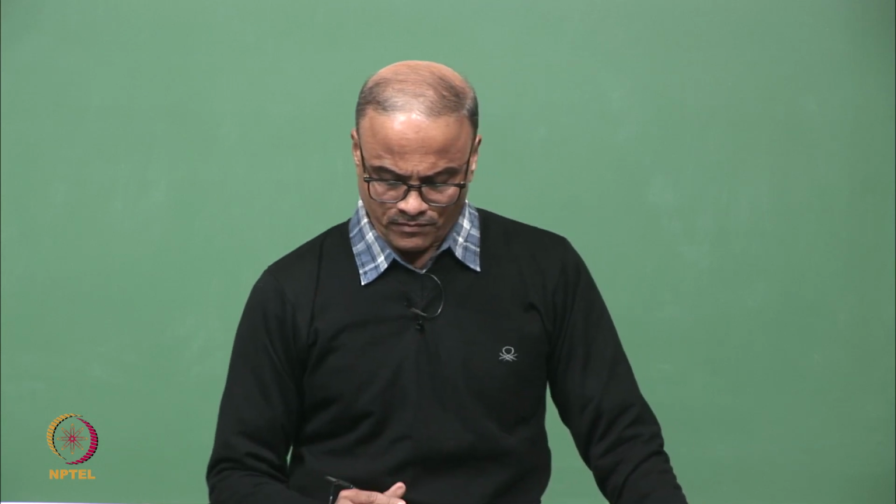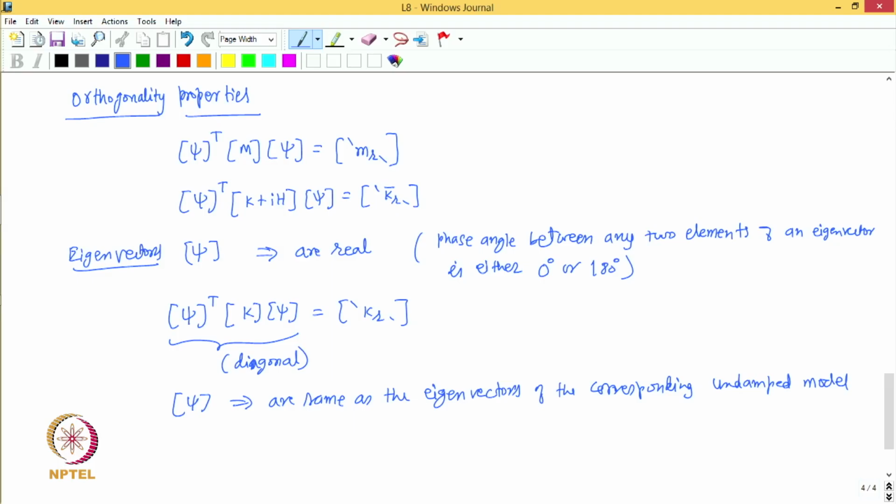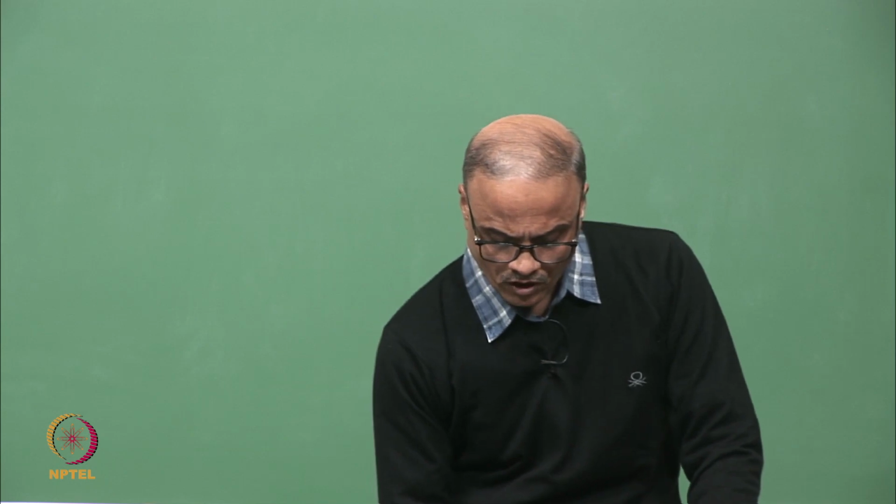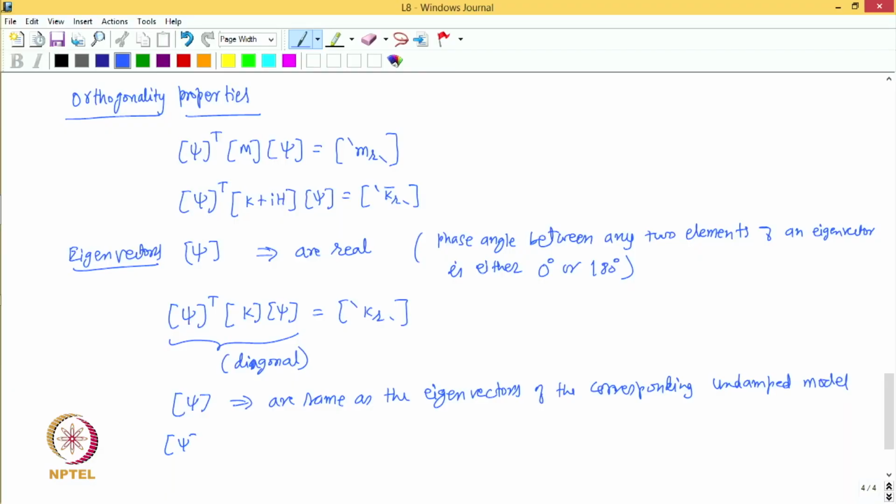So, therefore, if we look at the damping matrix, then the damping matrix also would be diagonalized by these eigenvectors, because the damping matrix, which is H, is proportional, a linear combination of the mass matrix and stiffness matrix, so it would diagonalize the damping matrix also. Let us represent that matrix by HR.